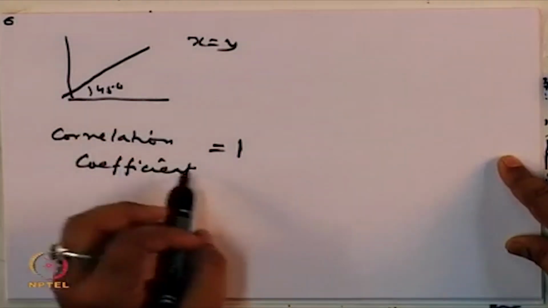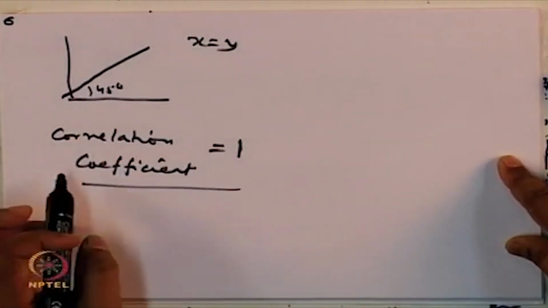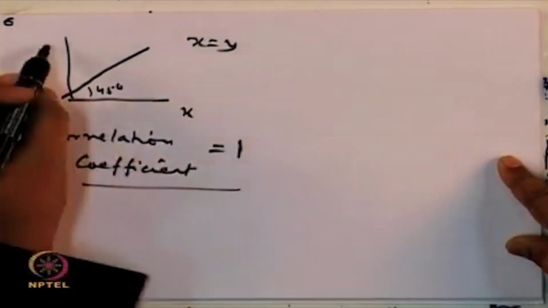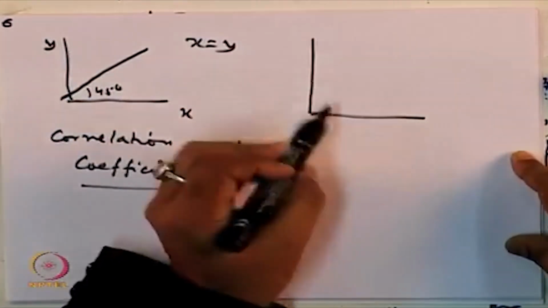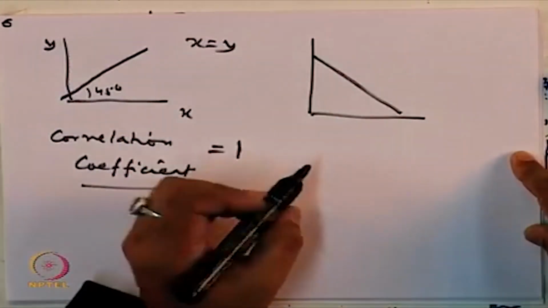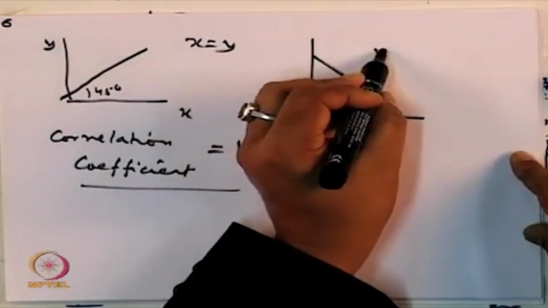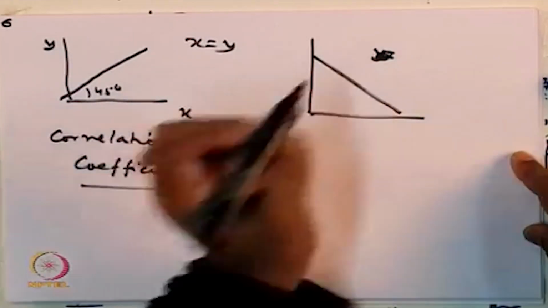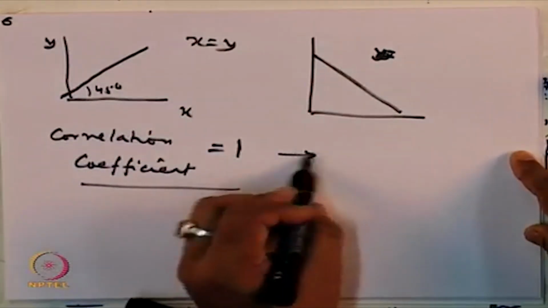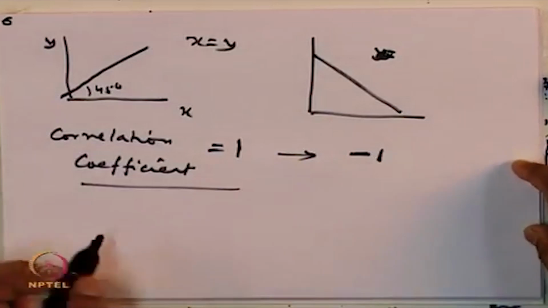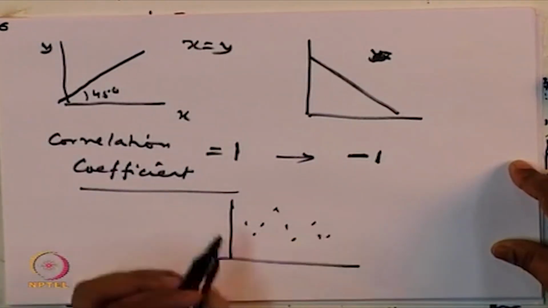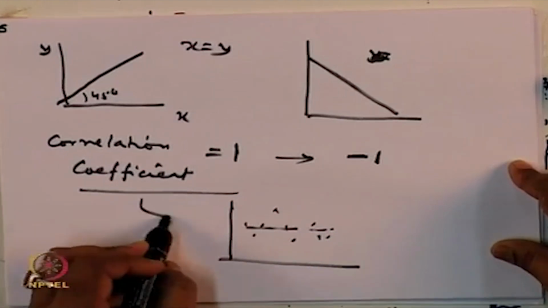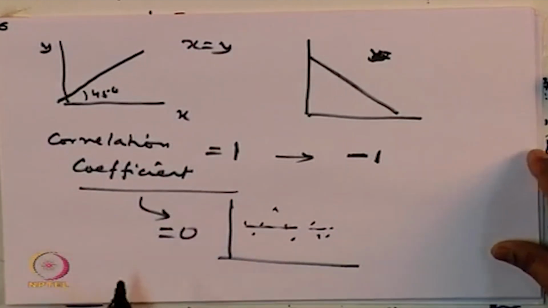Okay. So in other words, they are fully correlated. Any increase in x will give you an equal increase in y. On the other hand, if you have a complete opposite slope, your correlation coefficient is going to be close to -1, versus when there is no correlation, when you have data like this, your correlation coefficient will give a value of 0. Okay.